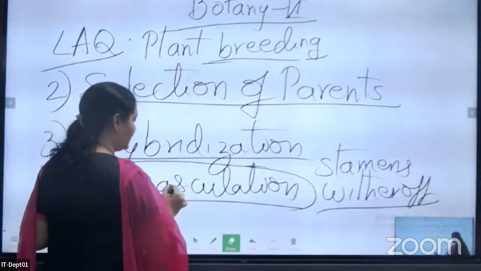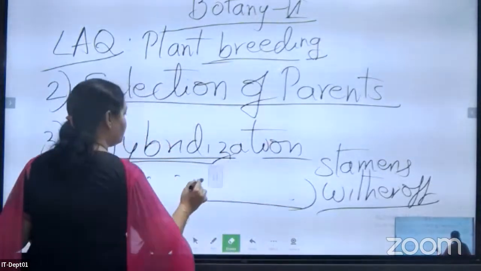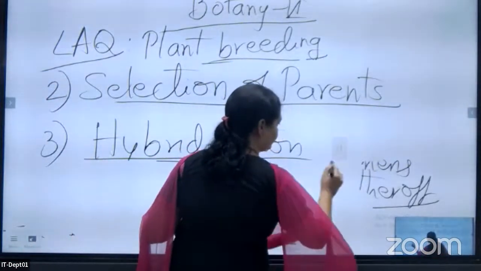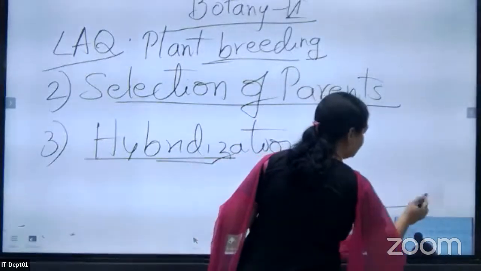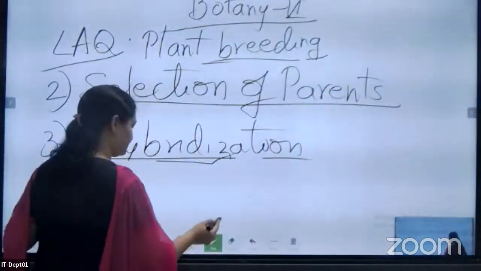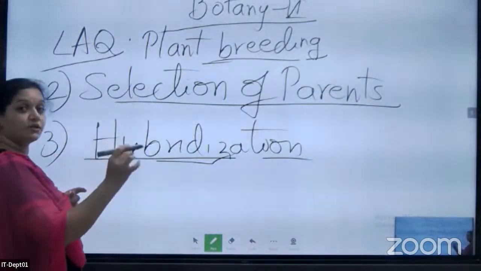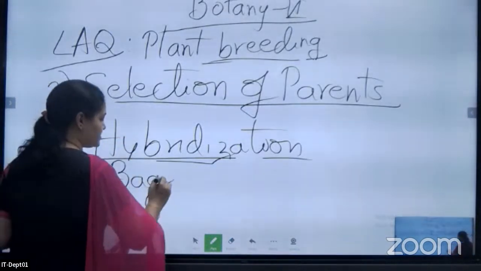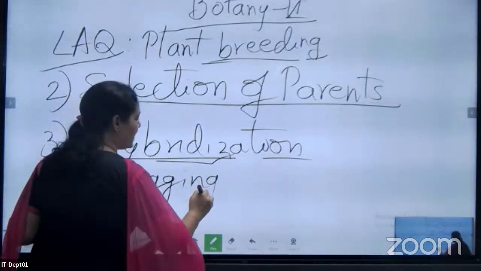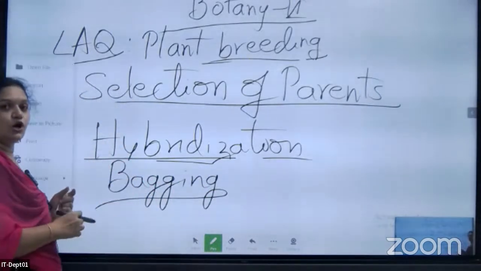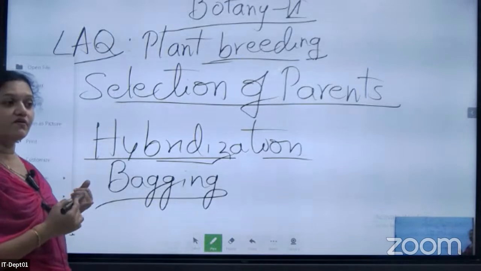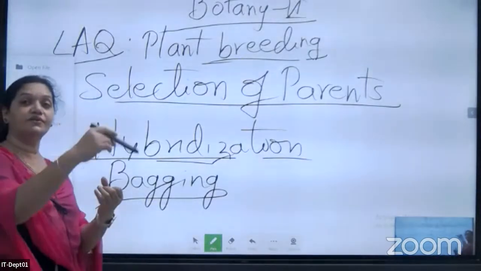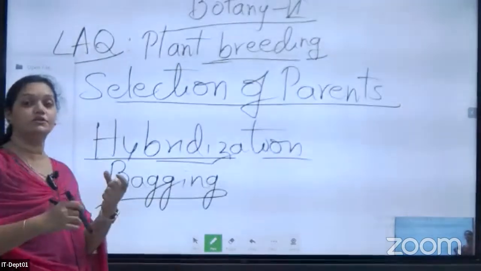After that, what do we have to do? We have to protect the style and the stigmatic lobes with a sterilized polythene bag. That is called the bagging process, otherwise the bagging technique. After the emasculation, the flower or inflorescence has to be covered with a sterilized polythene sheet.